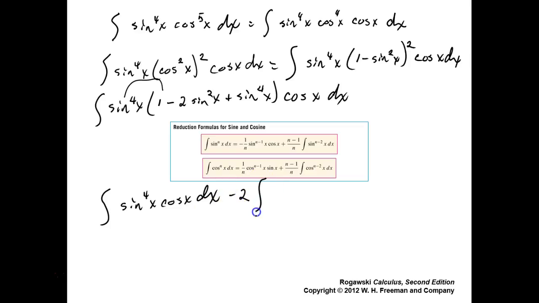Minus 2 times the integral of sine fourth times sine squared would be sine sixth x cosine x dx. I pulled the minus 2 out, yeah. Got it? And then the third is going to be plus the integral of sine eighth x cosine x dx. Okay.